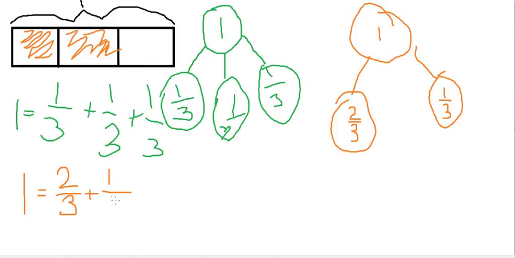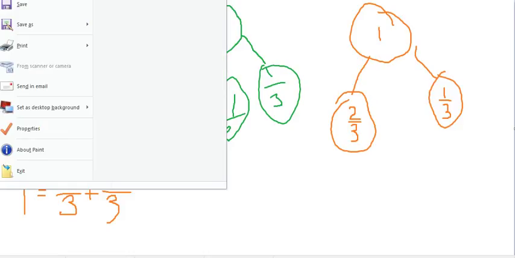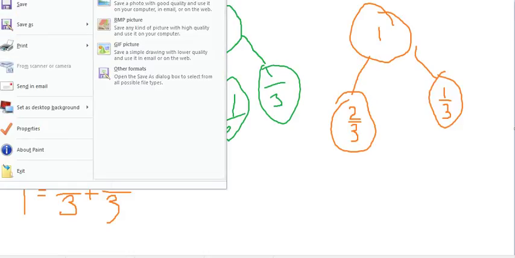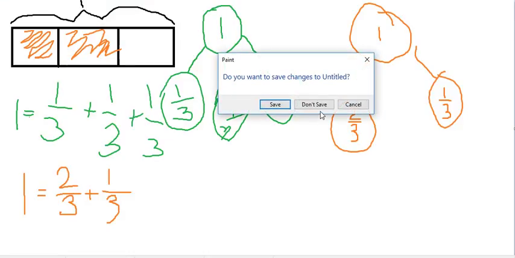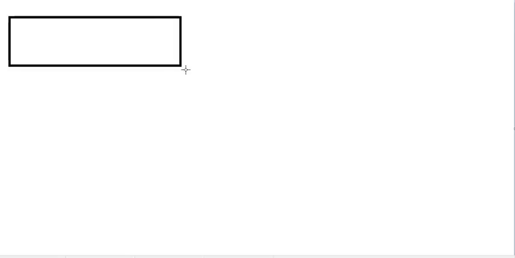Nice job, boys and girls. I'll give you a second to get that down on your paper. All right. So now we're going to draw a new tape diagram. This time, our tape diagram is going to have 6 parts.